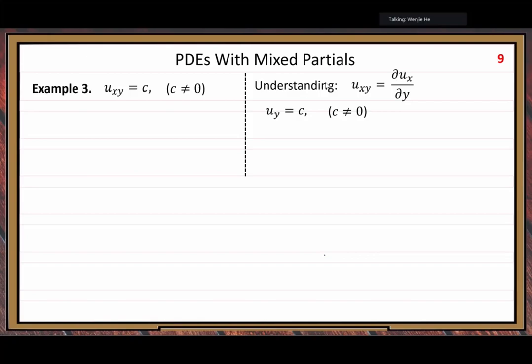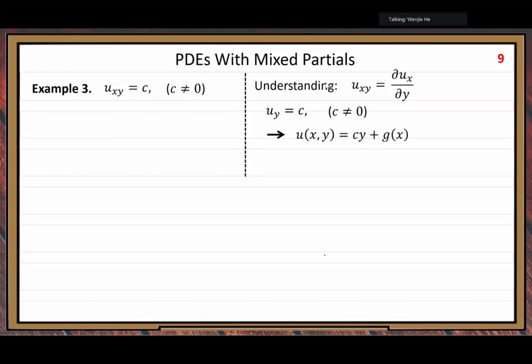For example 1, we have the solution. Can we use the solution form of example 1 to write partial u over partial x? Because partial u over partial x corresponds to the solution of example 1.